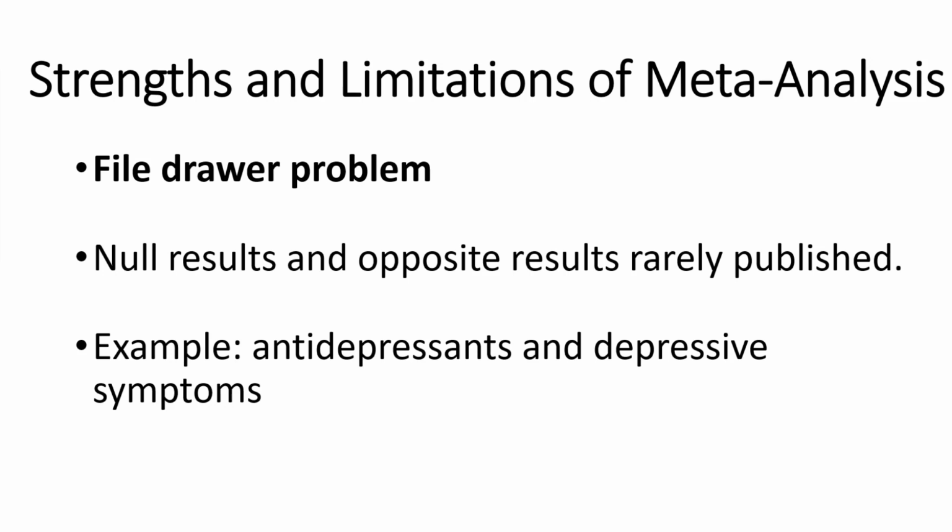Now for the limitations, which is what this slide is really all about, we run into some pretty serious problems to consider, but again, they're nothing new. So the textbook calls the first issue the file drawer problem.